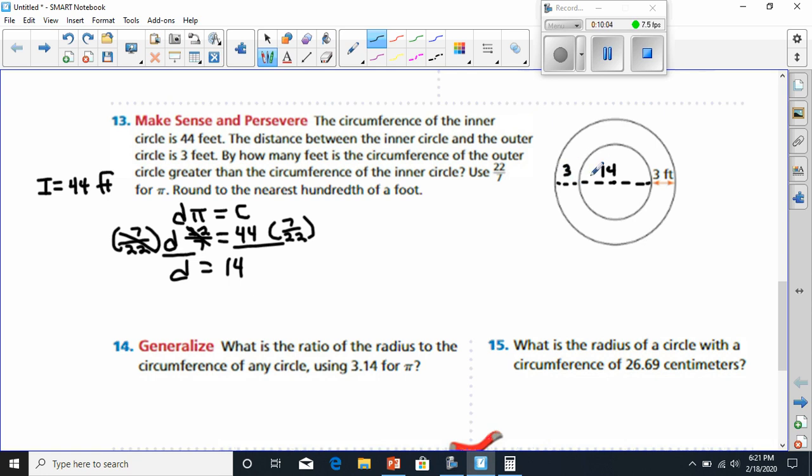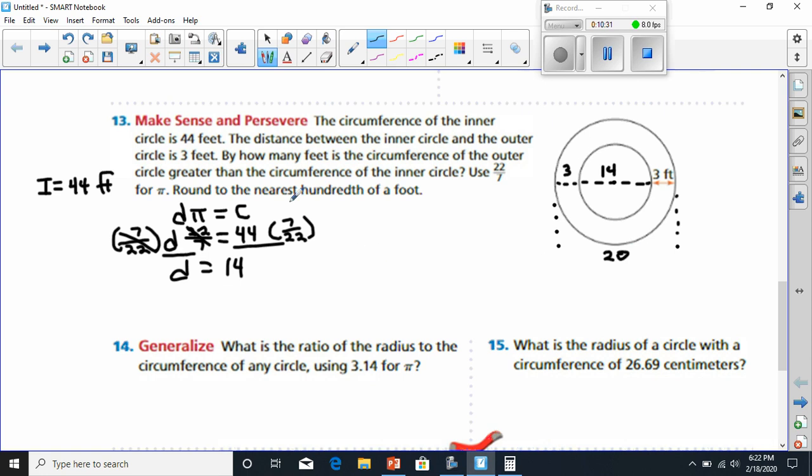And now we have to add up all this to find the diameter of the big circle, and that way we can find out what the circumference is. 14 plus 3 plus 3, well, 3 plus 3 is 6, and 14 plus 6 is 20. And that means the diameter of this particular circle is 20.